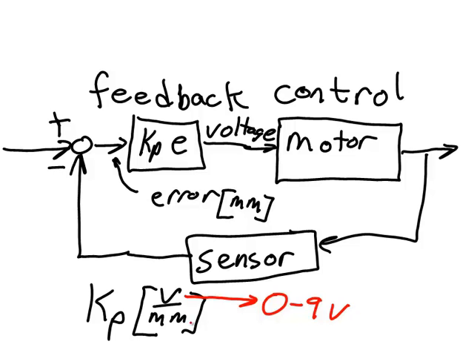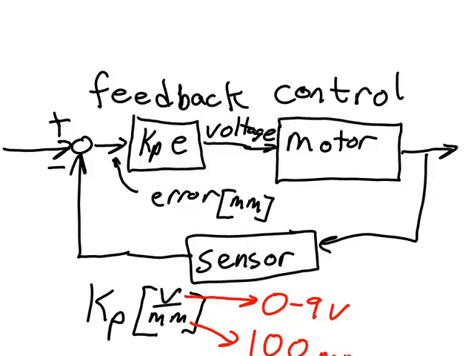Now, think about the range that the denominator might have. How many millimeters of error might be detected in the system? For example, our slide potentiometers have a position range between about 0 and 100 millimeters. So the maximum error in our case is about 100 millimeters.